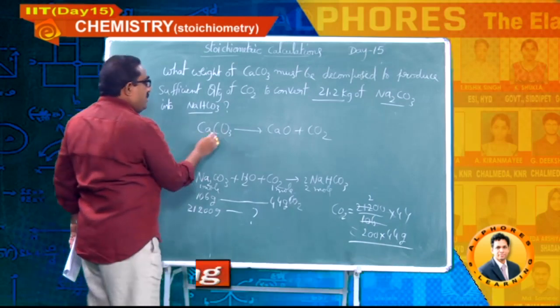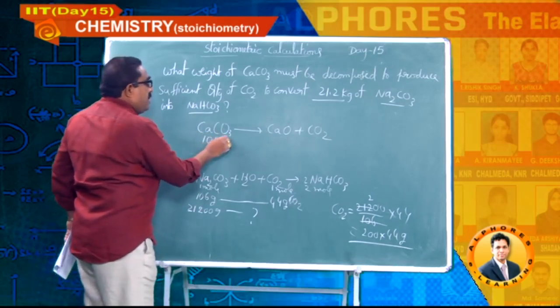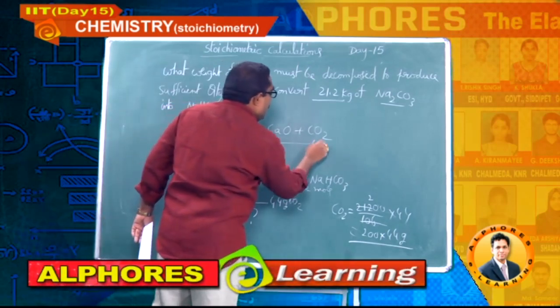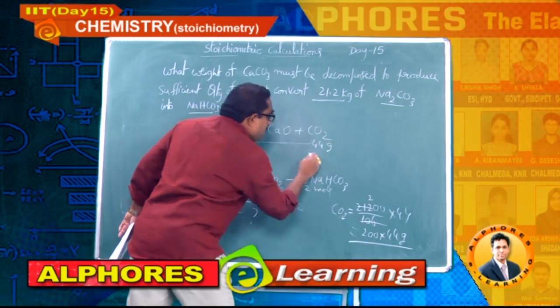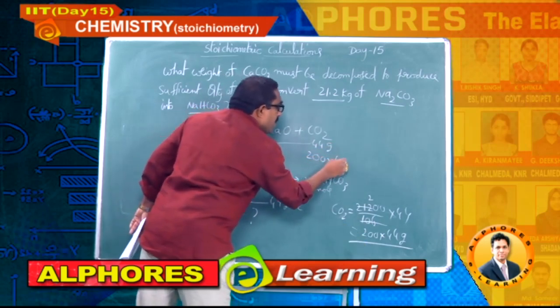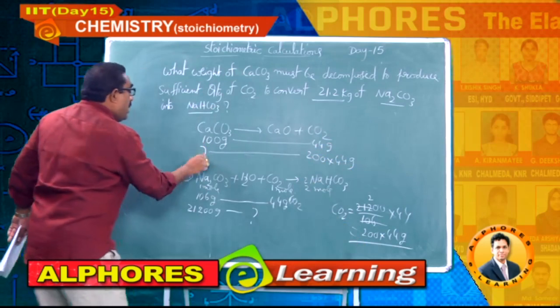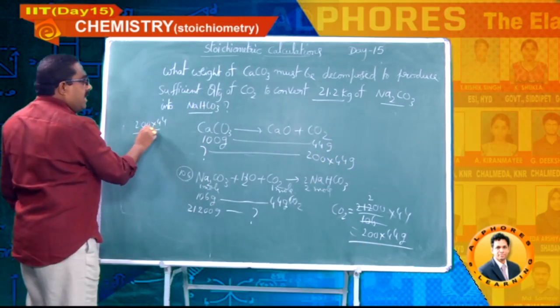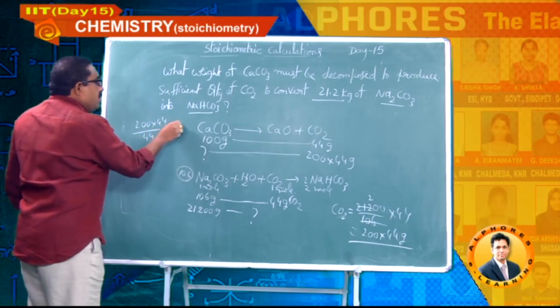Okay, 1 mole, we know the molar mass of limestone very well, 100 grams, gives 1 mole, 44 grams. But this time how much is needed? 200 into 44 grams. How much? 200 into 44 divided by 44 into 100.